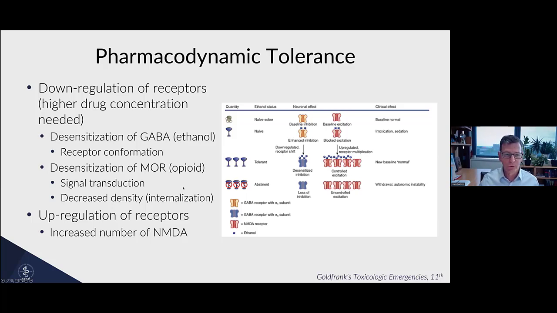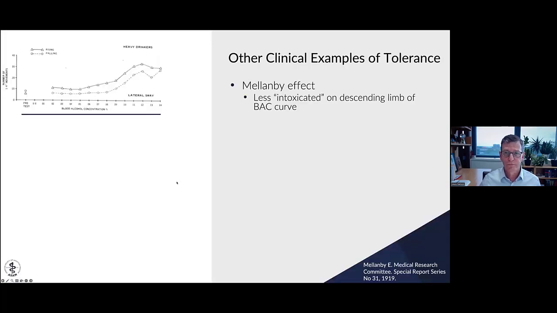You could say the same about opioids and other drugs that cause tolerance. Remember, cocaine and amphetamines don't induce this degree of tolerance and are not really associated with a classical withdrawal syndrome. Other quick examples would be something like the Mellanby effect, which I think we see regularly.